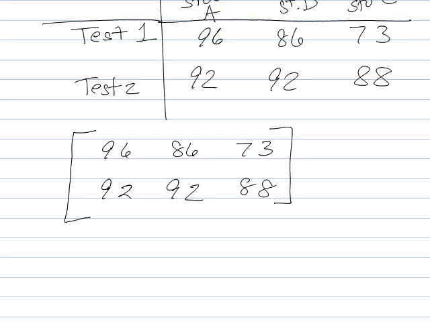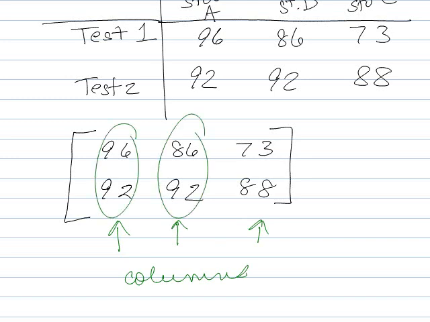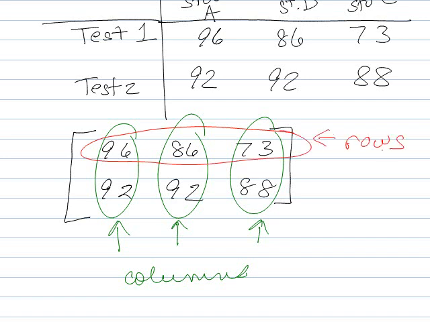So these are called columns. This is a column, this is a column, and this is a column. And these are the rows. These are the rows, and then those are the columns.